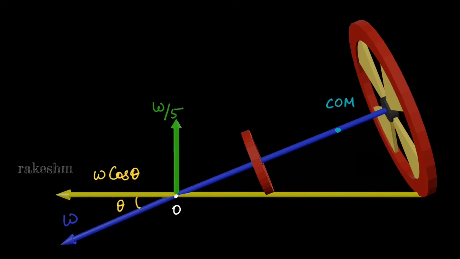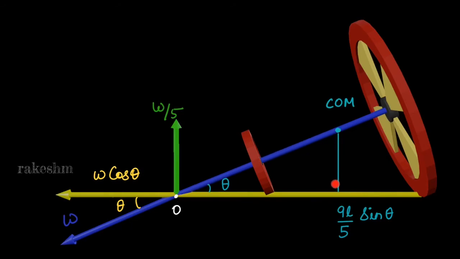So we can say at this instant, the resultant of these 2 omegas, this omega by 5 and this omega, is this vector. So the net angular velocity of this body at this instant is pointing in this direction. And as this omega by 5 does not have any component on this, the component of omega along this will be omega cos theta. We calculated that this length from here to center of mass was 9L by 5.